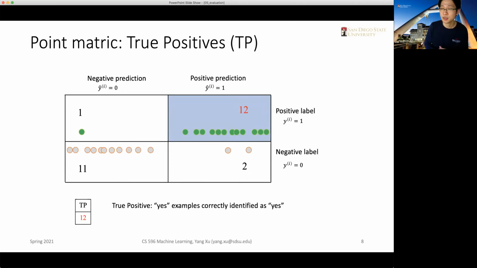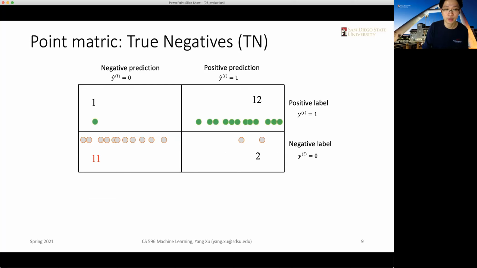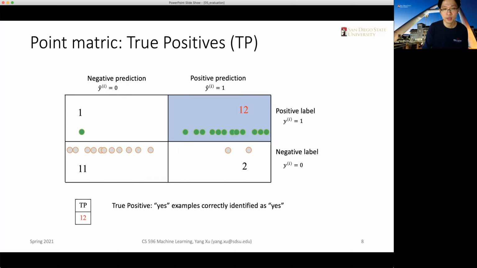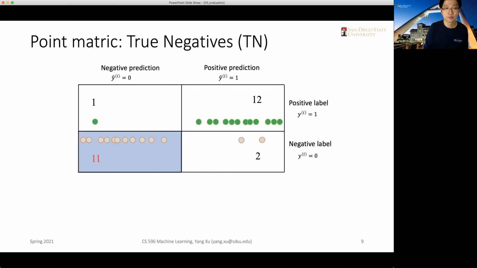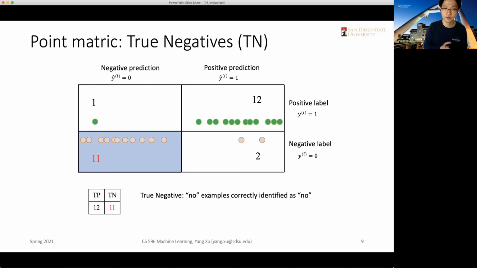For abbreviation, we use the letters TP to indicate true positive. The third region is true negative, which is also straightforward, right? The negative examples that are correctly identified as negative.